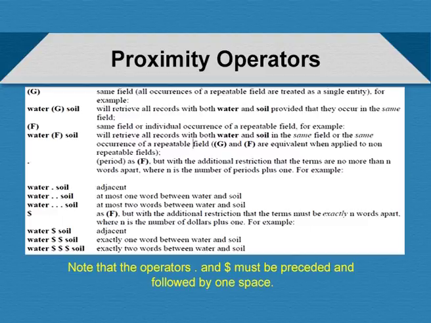If you look at the screen here, there is one caution notice. You can utilize the dot operator or the dollar operator as a proximity operator, no problem, but you need to remember that in case of the dot operator and dollar operator, there must be one preceding space and one succeeding space. That means your dot operator must be preceded by a space and succeeded by a space.